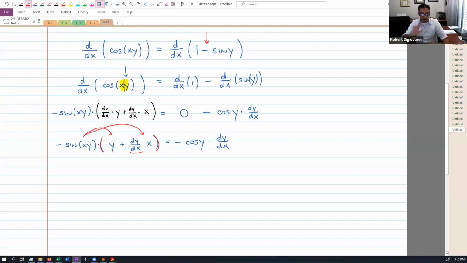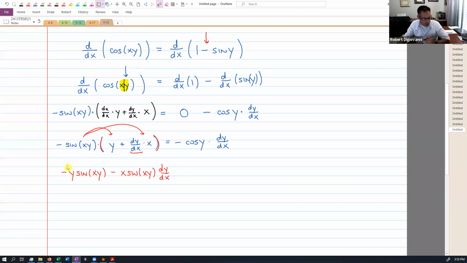Now, look at what that's going to become when I distribute. Negative sine of x times y gives me negative y sine xy. That's the first distribution. The second distribution becomes negative x sine of xy dy/dx.